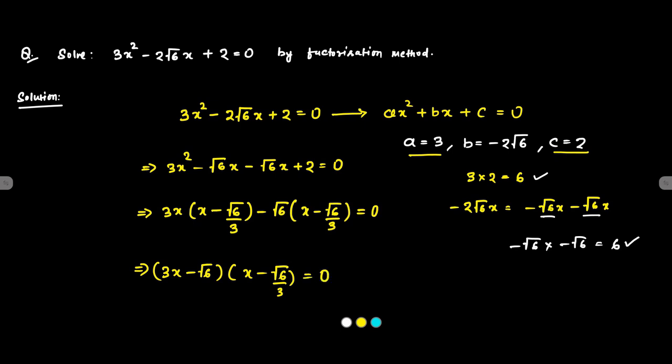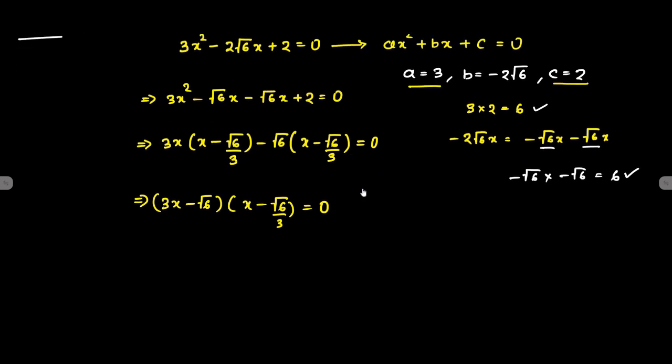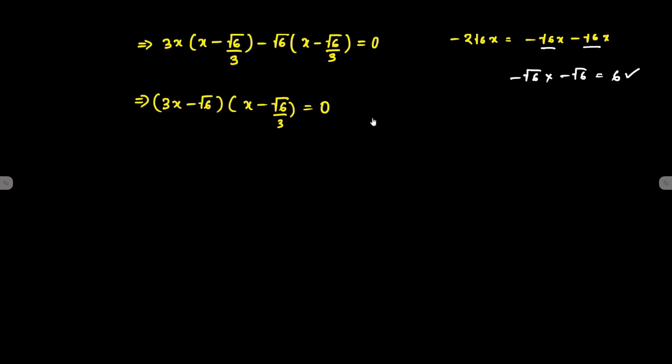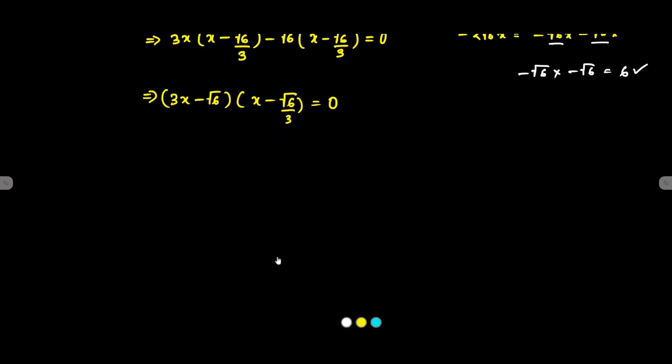That implies 3x minus root 6 is equal to 0, or x minus root 6 by 3 is equal to 0.